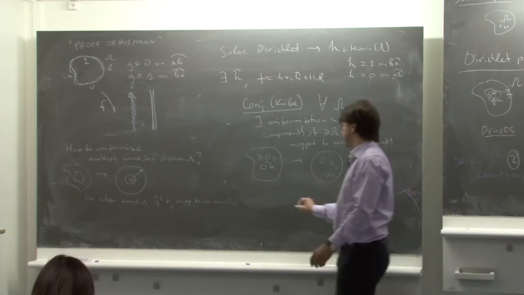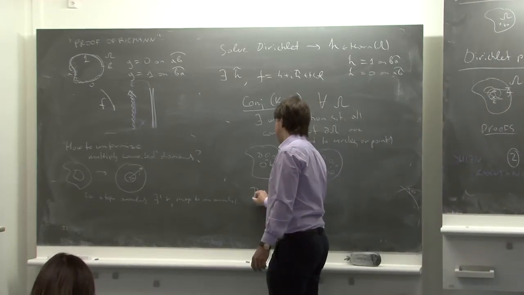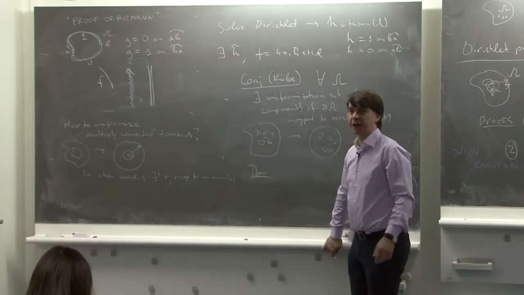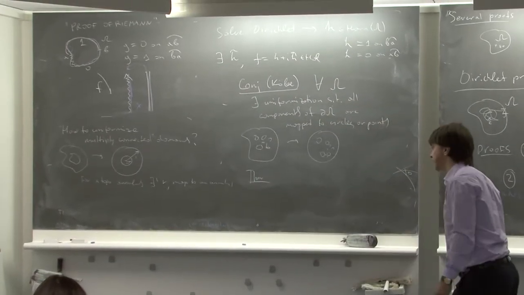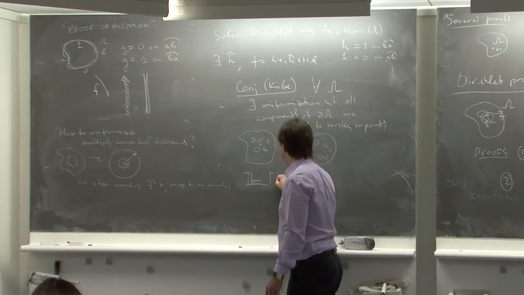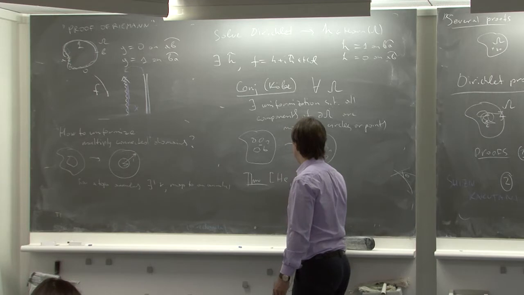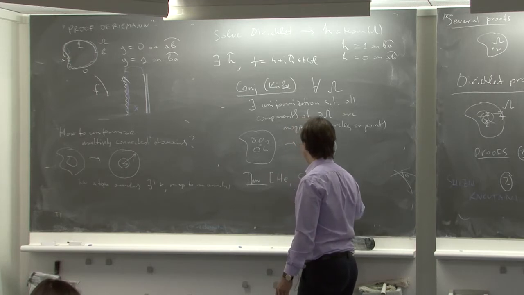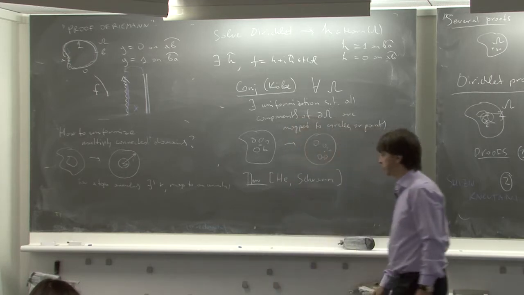So the best known theorem which I can formulate in 15 seconds is surprisingly due to a person who played an important role in this subject. It's He and Schramm. Schramm did this before he got interested in, and invented, SLE.